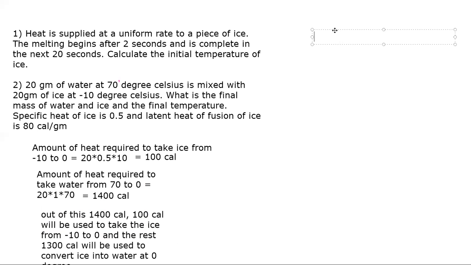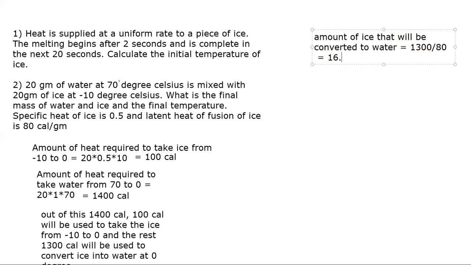We know 80 calories is the latent heat of fusion. So the amount of ice that will be converted to water will be equal to 1300 divided by 80, and that will be equal to 16.25 grams.